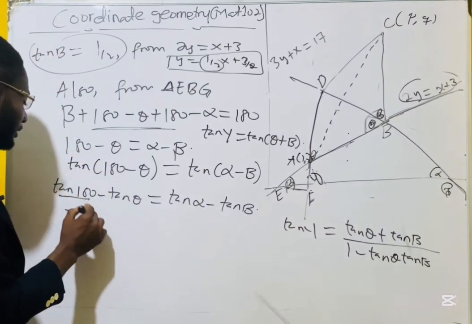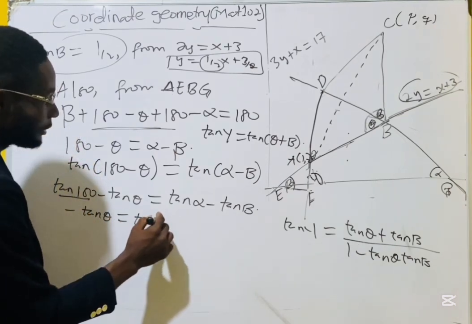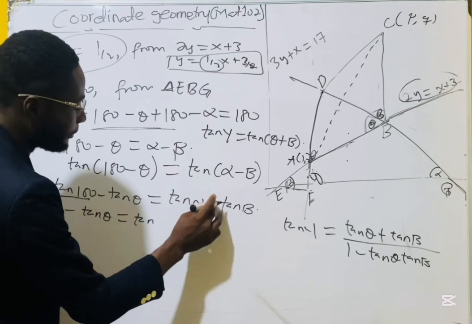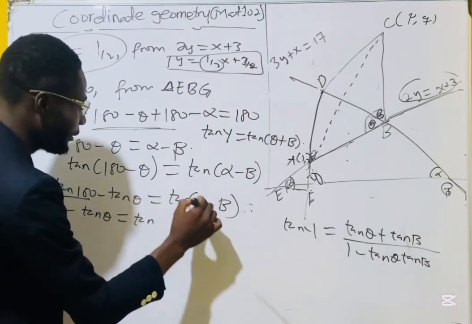0. So we have negative tan theta equals tan of alpha minus beta, okay?